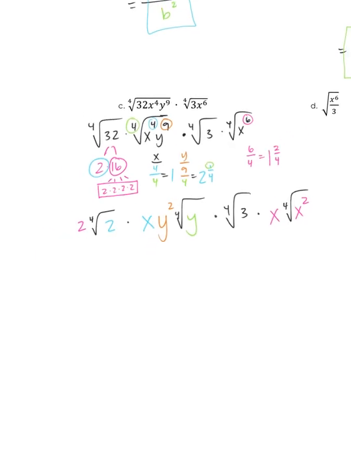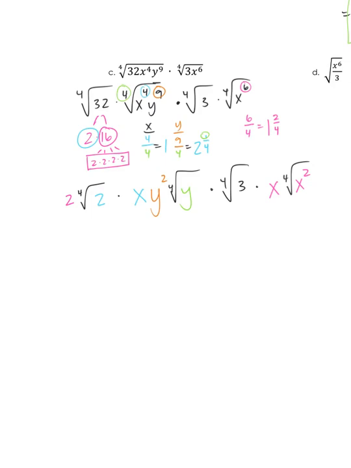All right, so now I've got all of these parts. They are all fourth roots. So I can multiply all the outsides. So I'm going to make these the outsides. So I've got 2 times xy squared times, there's technically a 1, but I don't have to write that, and then times x. And then I've got my fourth root. And then I'm going to do my inside.